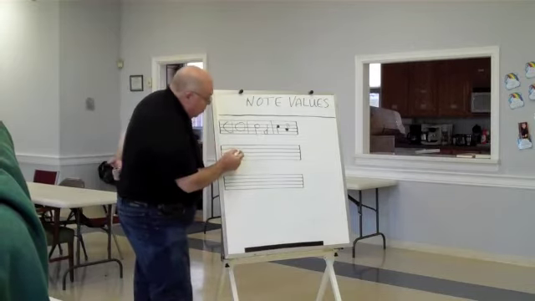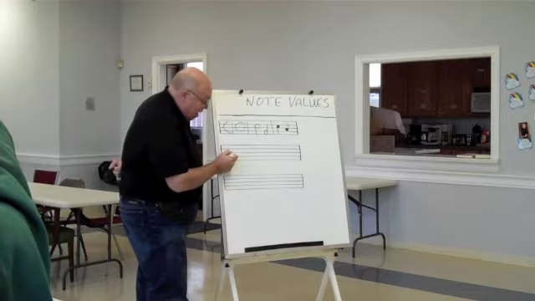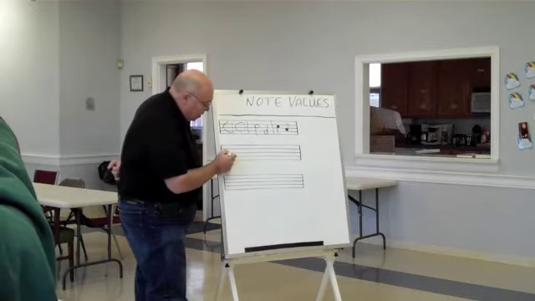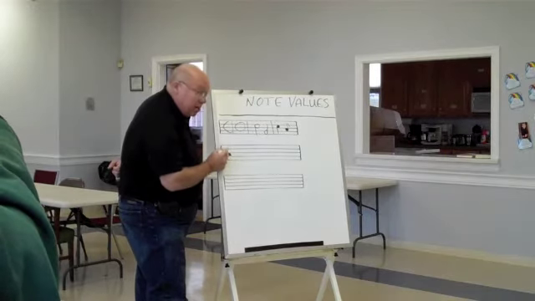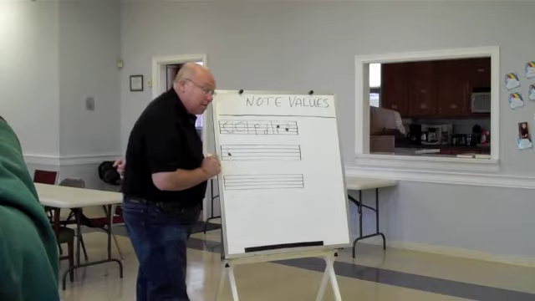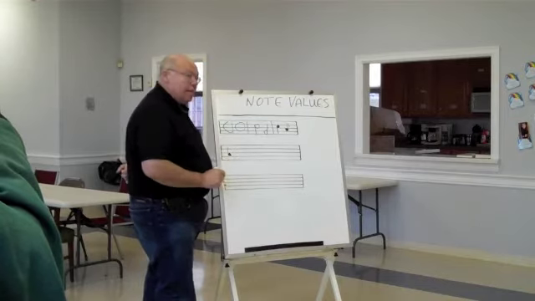So if we have an eighth note, and then we want to divide that in half, how do we do that, Ben? Put 2 flags on it. 2 flags. But what have I done wrong on this one? The stem goes either on the other side or in the other direction. Excellent.